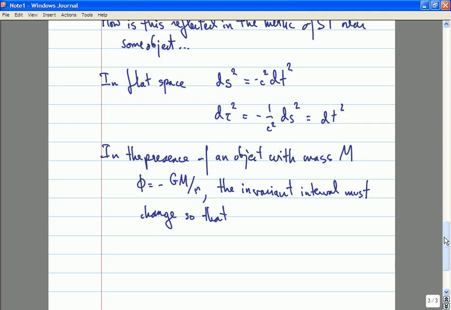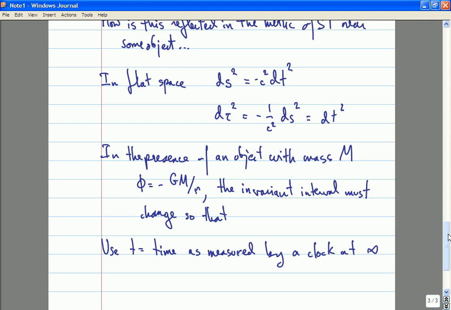So let's just use t to be the time as measured by a clock out at infinity, very far away from this gravitational potential, very far away from this massive object.